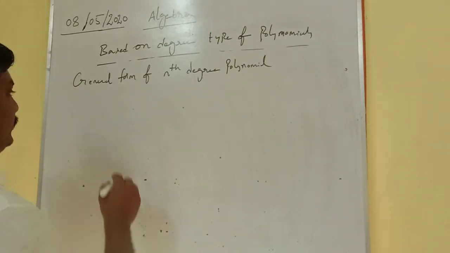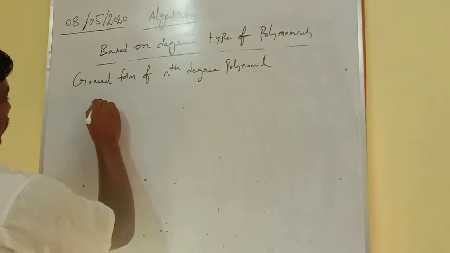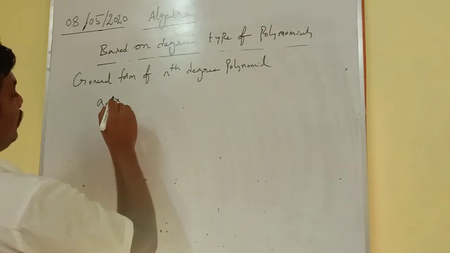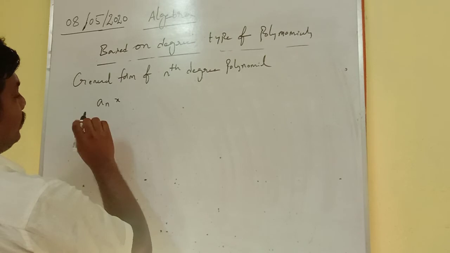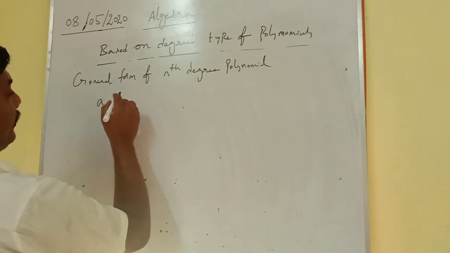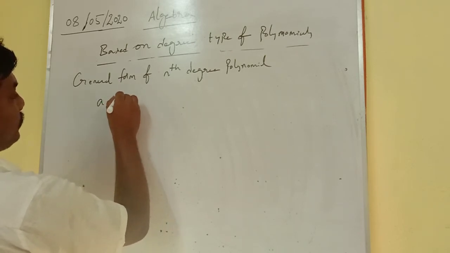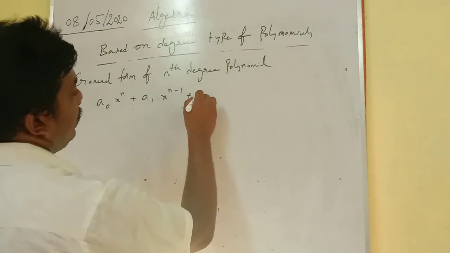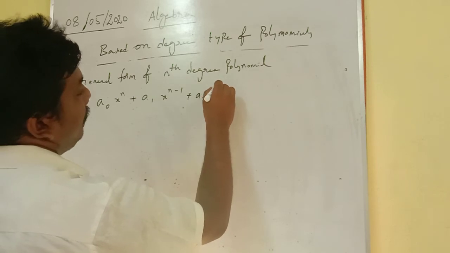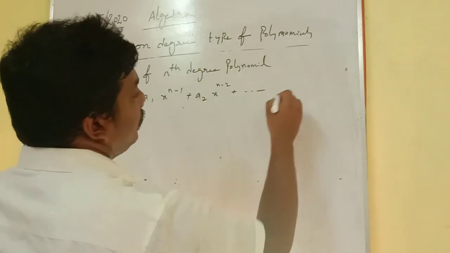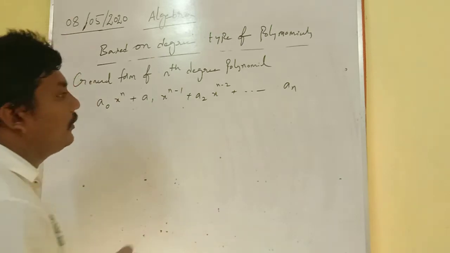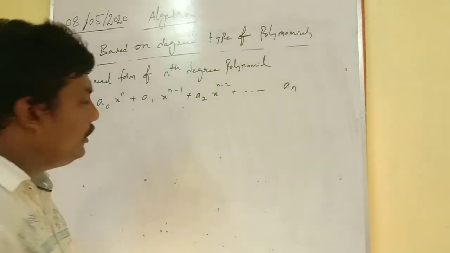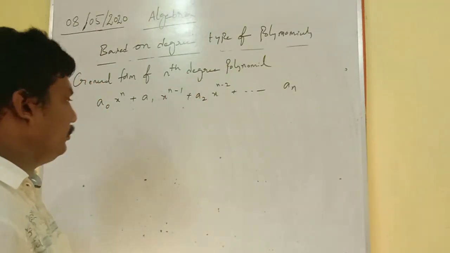Let me consider an nth degree polynomial: a naught x power n plus a1 x power n minus 1 plus a2 x power n minus 2 plus, and so on, an. So this is called the general form of an nth degree polynomial.